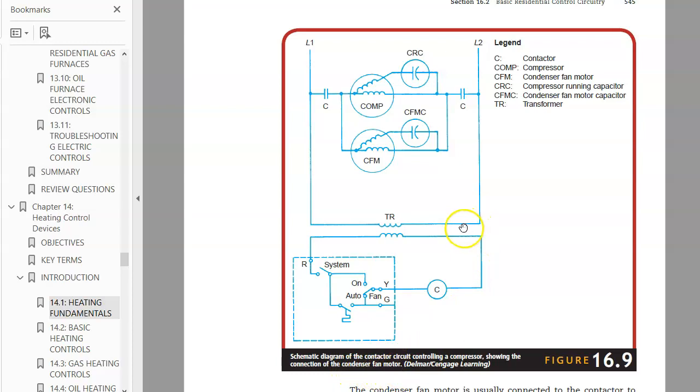As in the previous slide, there is only one contactor. This is the relay, and this is the contactor. This is the thermostat.